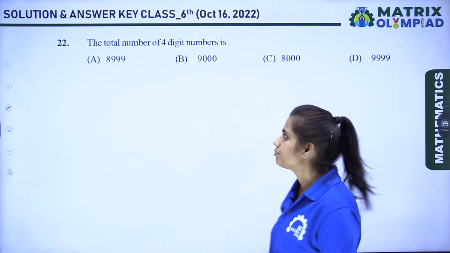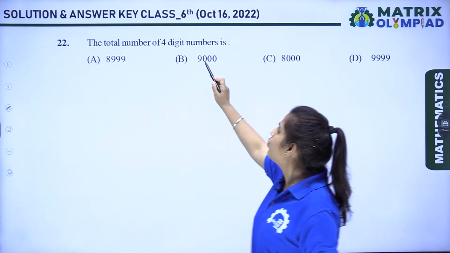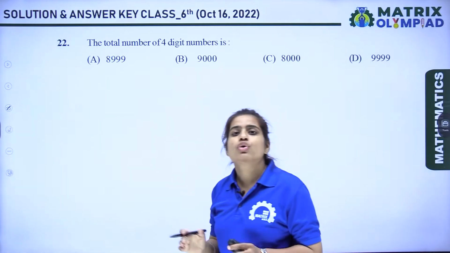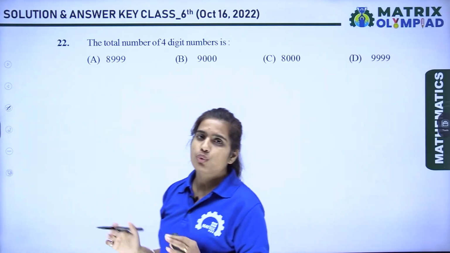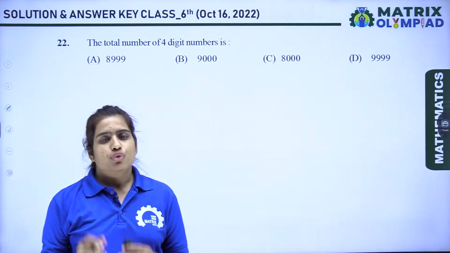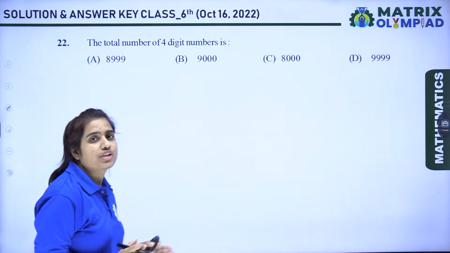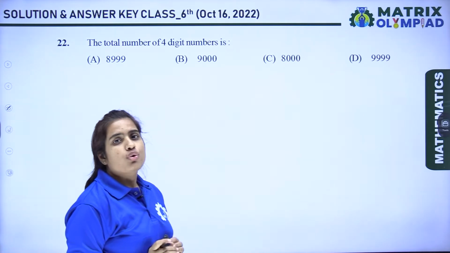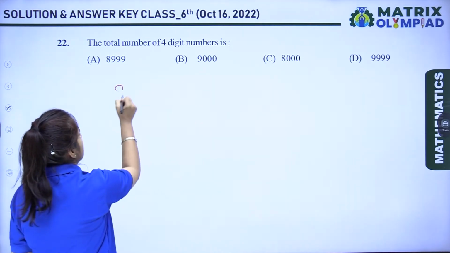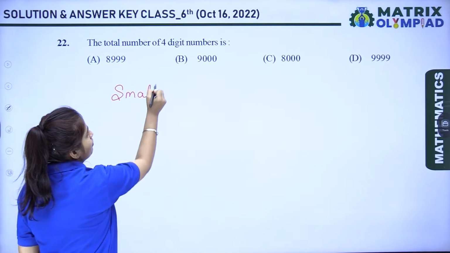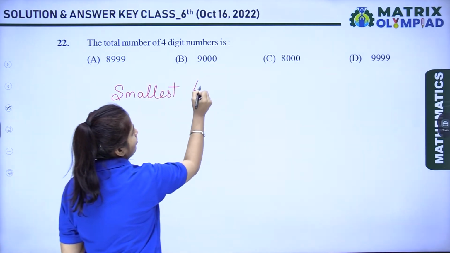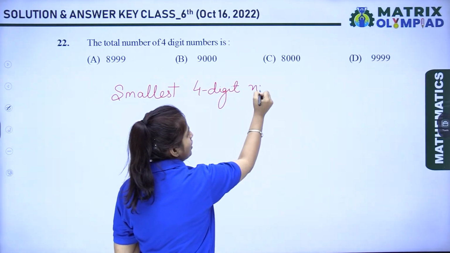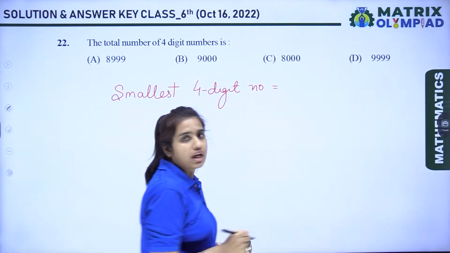Question number 22. The total number of 4 digits is. So we have to find out the total number of 4-digit numbers. To calculate this, we first have to check what the smallest 4-digit number is. The smallest 4-digit number is 1000.